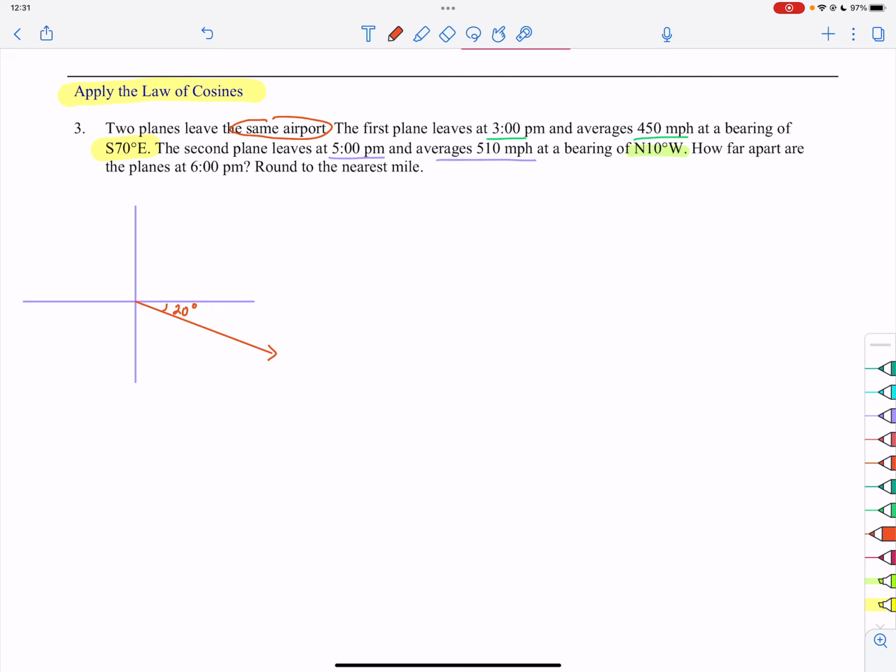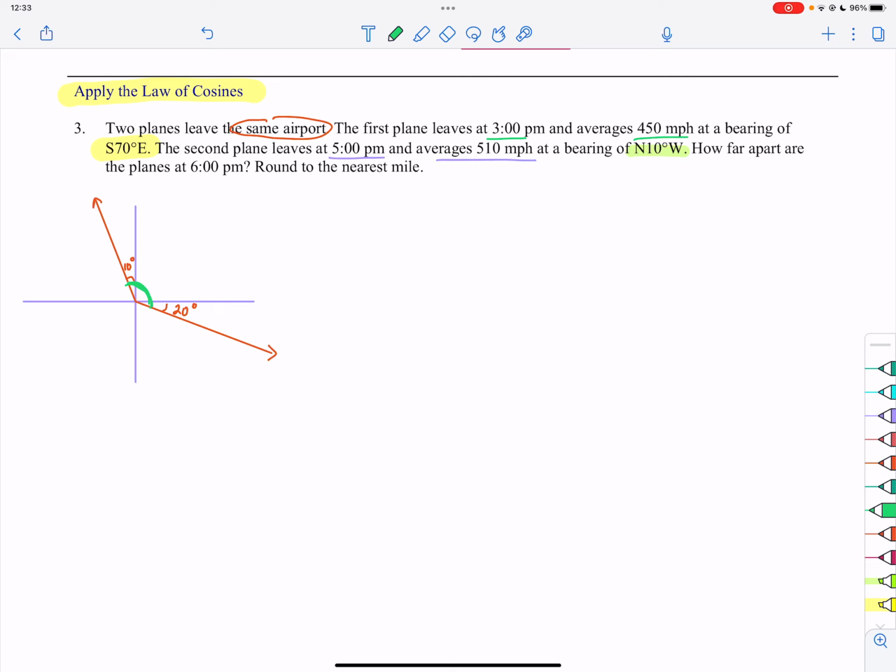And this plane is traveling at, and the other plane travels north 10 degrees west. So west of north 10 degrees. So now what do you notice? This angle here would be 90 plus 10 plus 20.